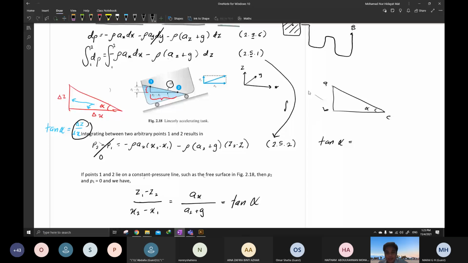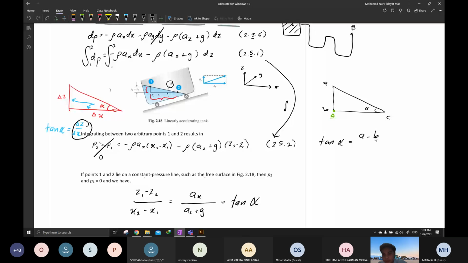First, what you need to do is have a reference point. Let's say this is your reference point. Above B, is it positive or negative? Positive. That means A minus B. You want to get positive, right?